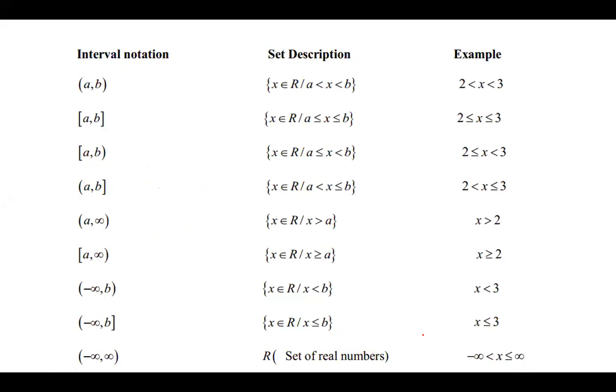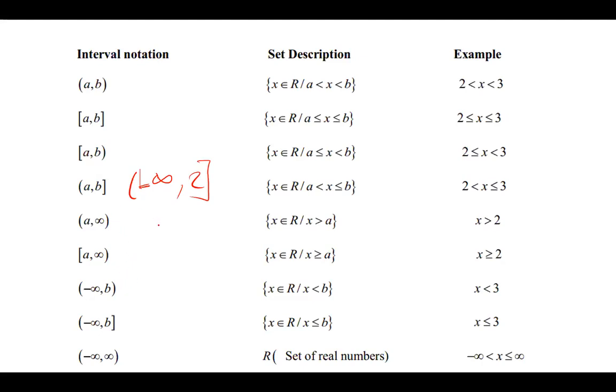Sir, just repeat yourself on the negative infinity, on the infinity anyway. Okay. So I said that on both positive and negative infinity, you always have to use the open bracket. Whether you're talking about negative infinity, comma 2, for instance, on this infinite symbol there's always an open bracket.